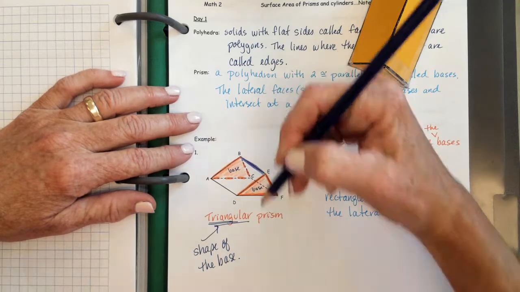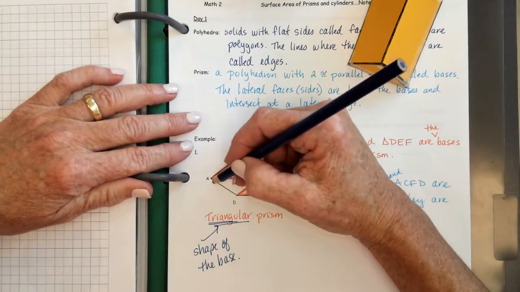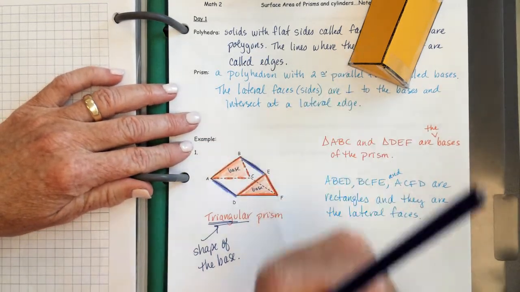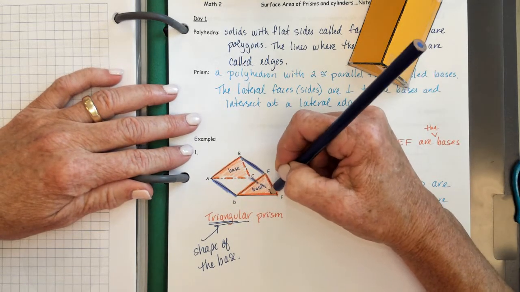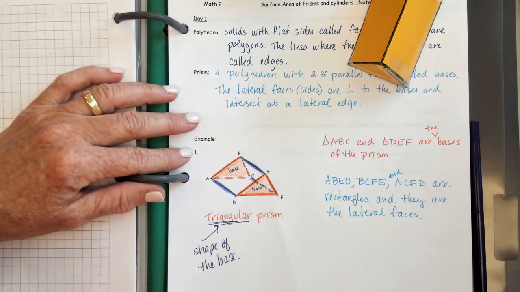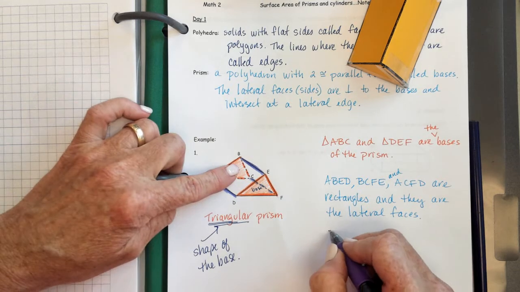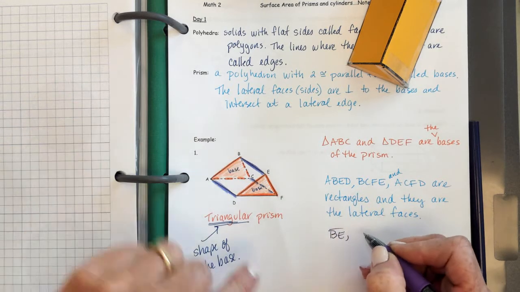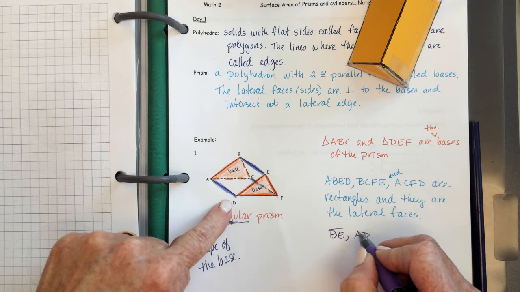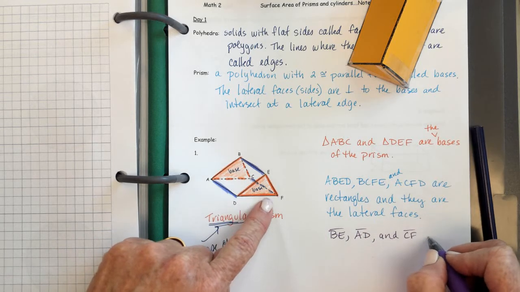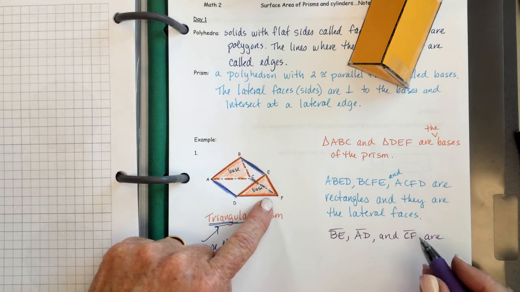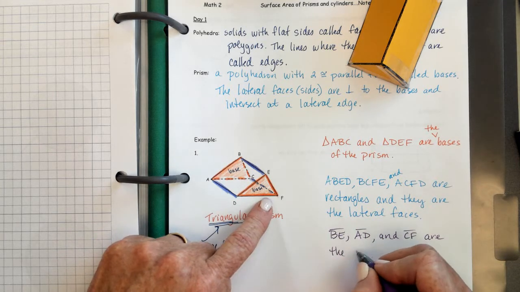So BE is a lateral edge, as is segment AD, as is this one right down here, CF. So segment BE, segment AD, and segment CF are the lateral edges.